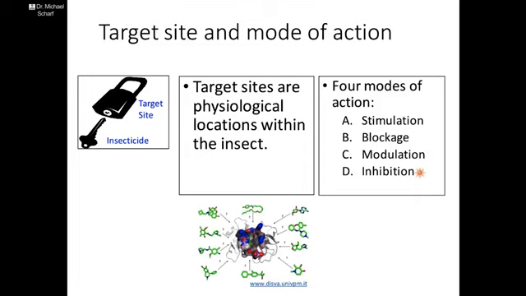And then we can have enzyme inhibition. That's how our organophosphates and our carbamates work. If we break it down, there are really only these 4 kinds of modes of action that insecticides can have. And I don't want to get any more detail than that because I know I'll probably hear about it if I go a little too far. But these are the kinds of things I think about a lot in my day-to-day research activities and also when I'm teaching the topic of insecticide toxicology to our students here at Purdue.